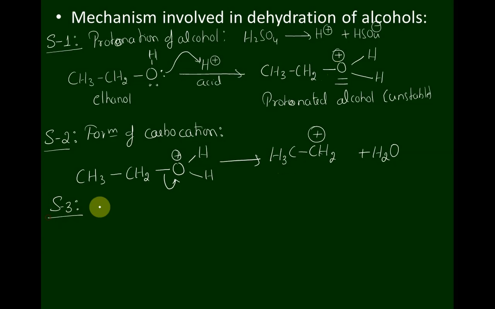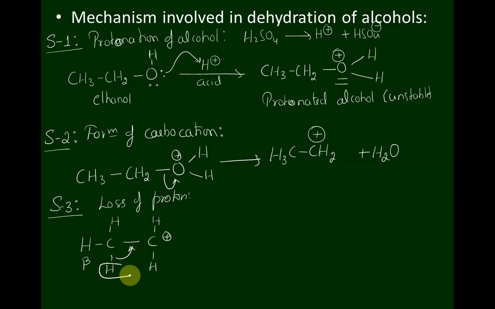Step 3, loss of proton. CH3CH2+. The positively charged carbon atom is more electronegative than a neutral carbon atom, therefore it drags electron density from the beta carbon atom with the release of an H+ ion to form CH2=CH2 plus H+ ion.